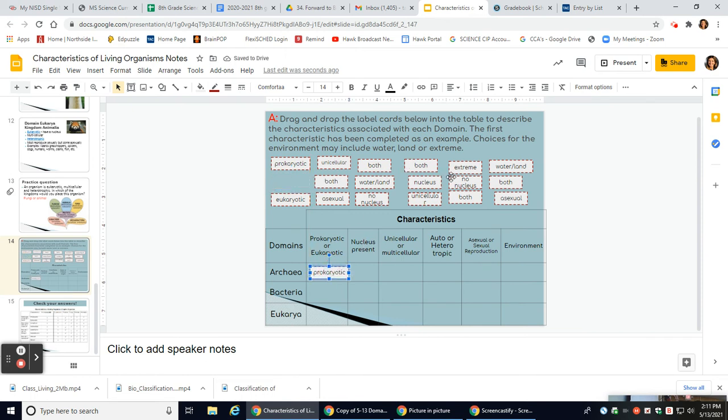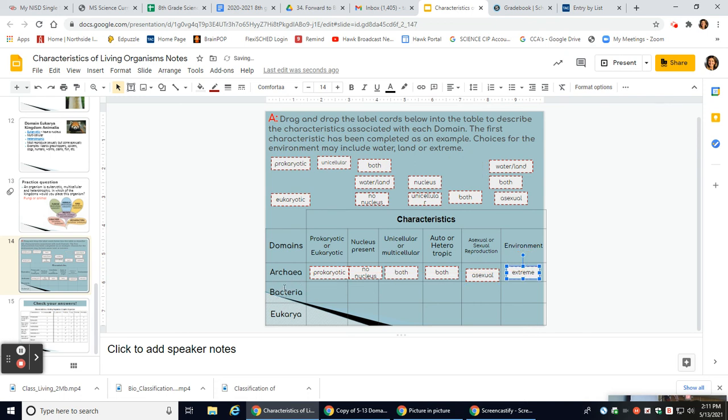So we would say no nucleus is present. We could say they're both unicellular or multicellular, hetero or autotrophic. They could be both. Asexual or sexual, these guys reproduce asexually, and their environments are extreme. They can be really hot, high salinity, really cold.